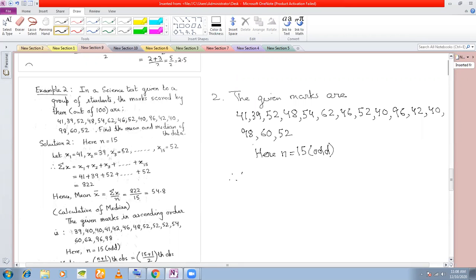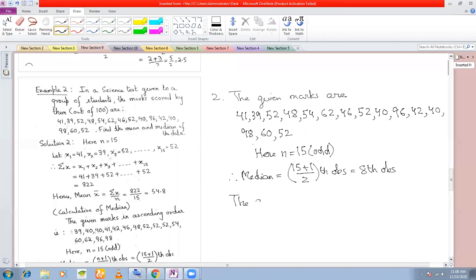So what should be the median? Median is only 1, which is the n plus 1 by 2th observation, which is the 8th observation. But we will not know which is the 8th observation unless we arrange in ascending order.